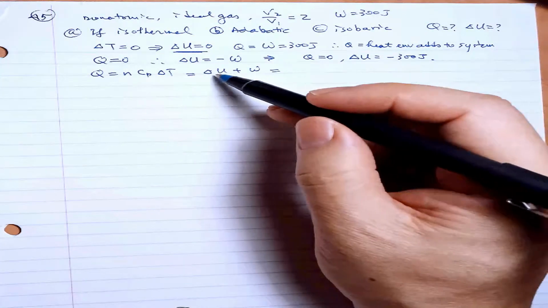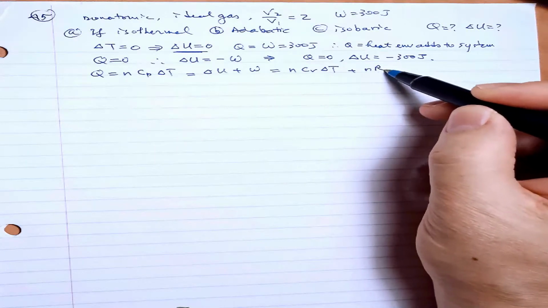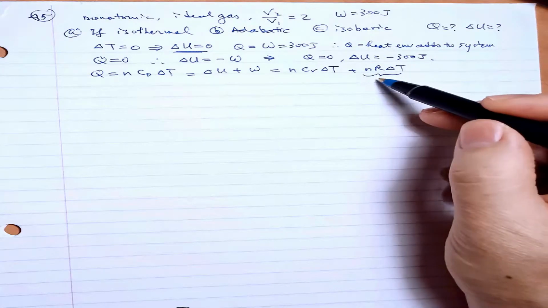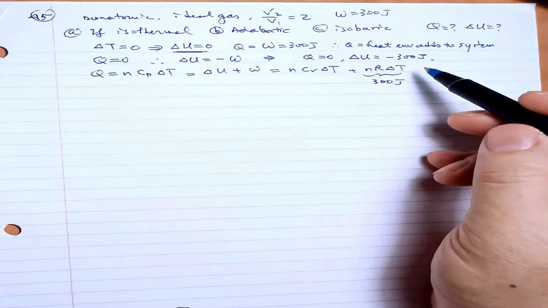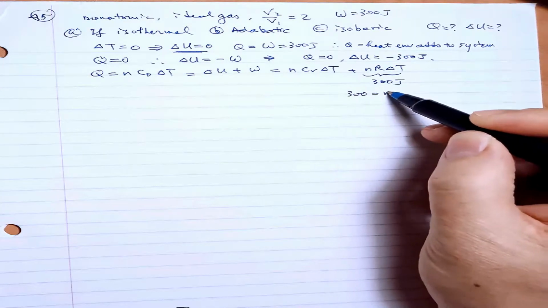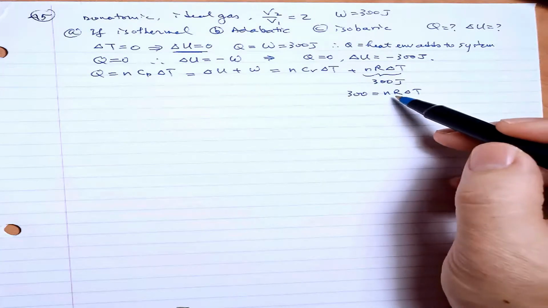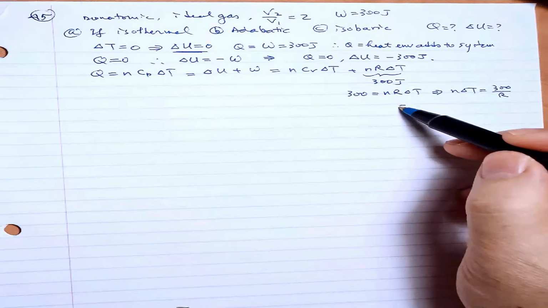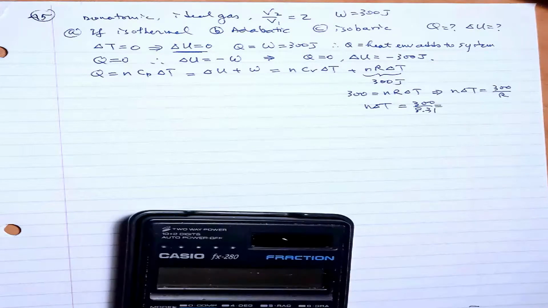Under constant pressure, delta U is n Cv delta T, and W is just nR delta T. Since W is given as 300 joules, we can figure out delta T: 300 joules is nR delta T, so n delta T is 300 over R. R is 8.31, so n delta T is 300 divided by 8.31.